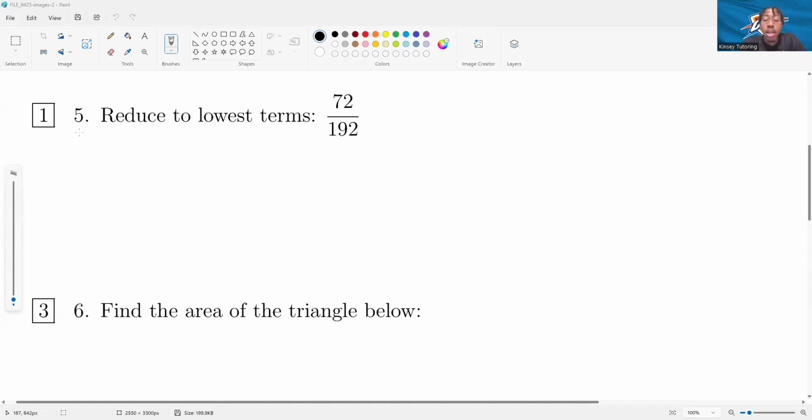Because, like we said in the previous video, you add up all the digits, and if the sum of the digits equals a number divisible by three, then you can divide it by three. So 72 divided by three is 24, right?